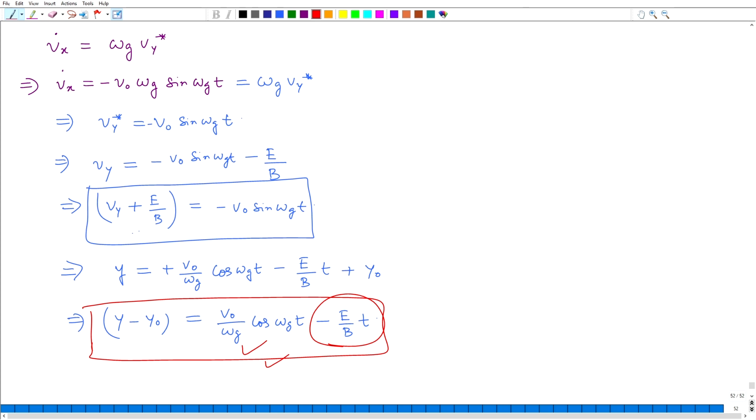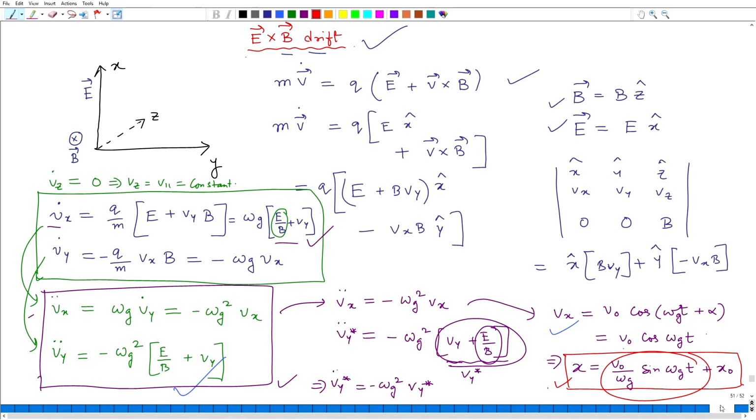And this one actually gives us a motion where, you see that in the x direction, this x0 is actually not moving with time. So, x minus x0 is this.